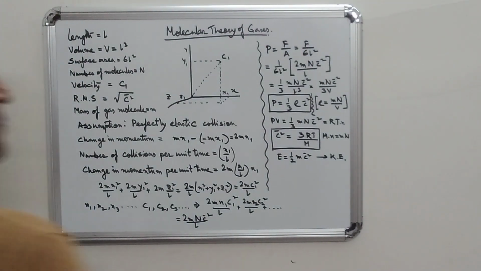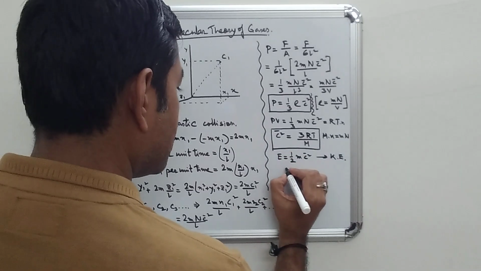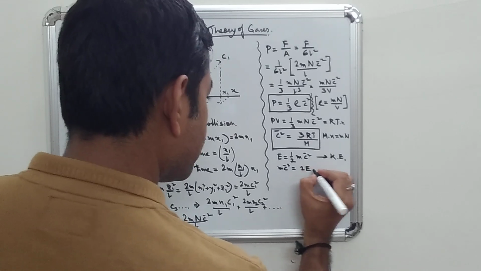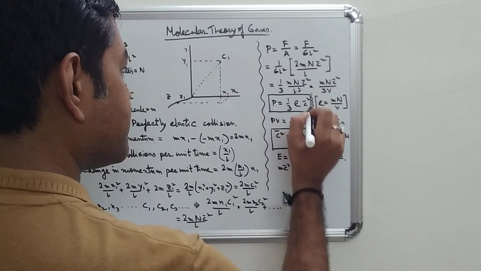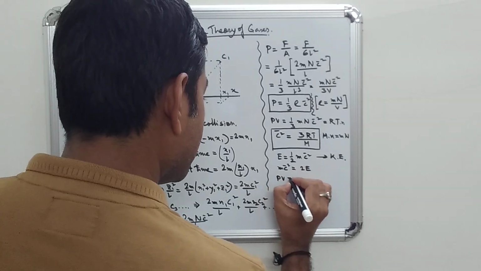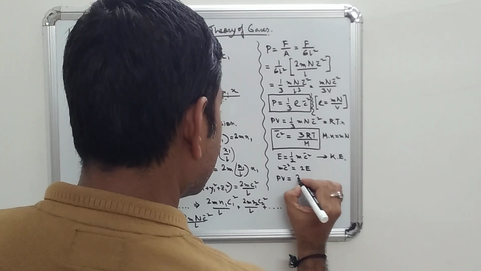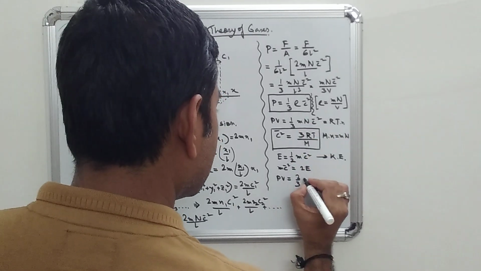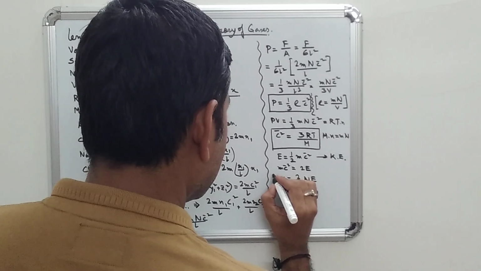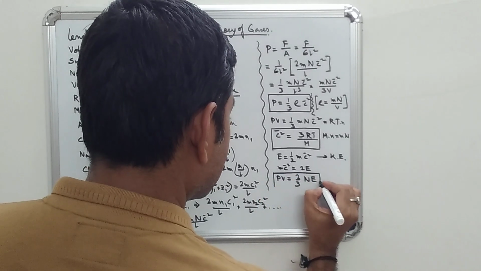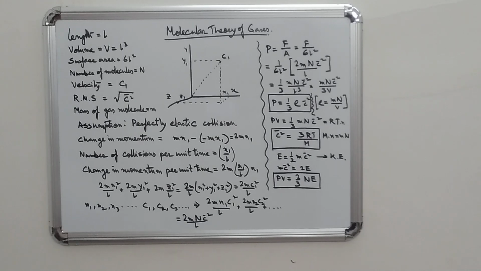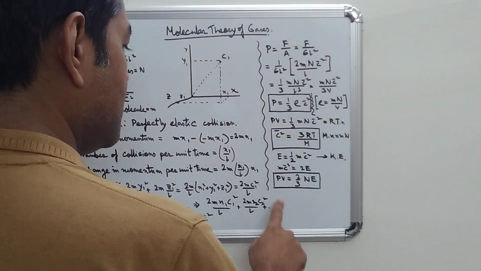So, if we equate m c bar square equal to 2E and replace it in this equation, PV equals 2 by 3 times capital M into capital E. It will be the third thing to remember, which may be equal to RT if we replace it here.